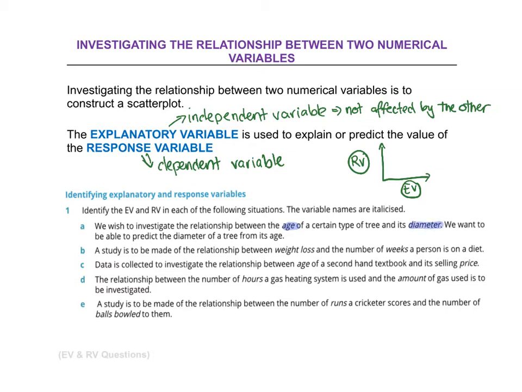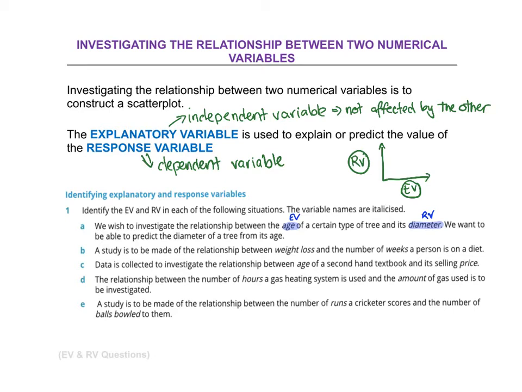Can your age be affected by anything else? No. It's just going to be what it is, isn't it? So which one do you reckon that is? It's independent, so we call that one explanatory, don't we? And the diameter, we're looking to see how fat the tree got, is your response. Good.